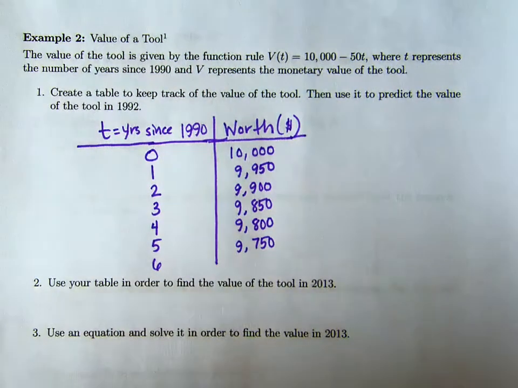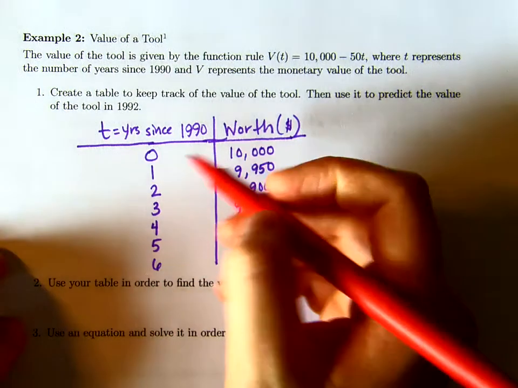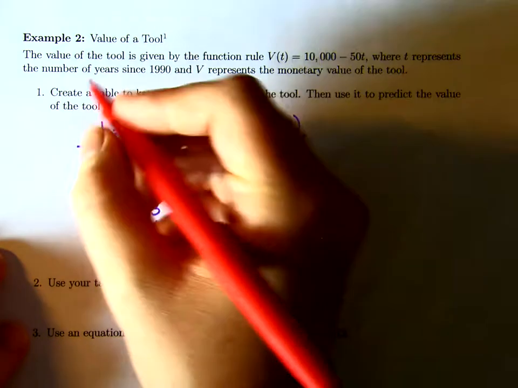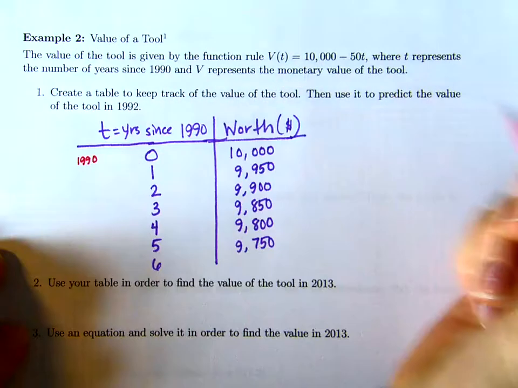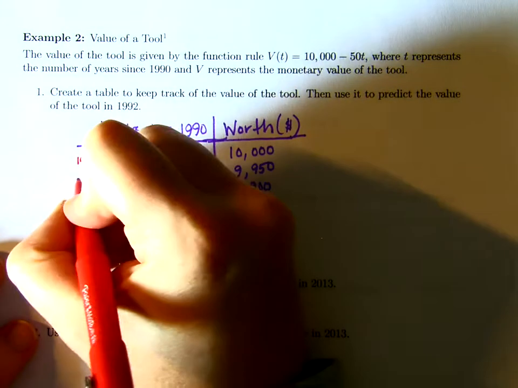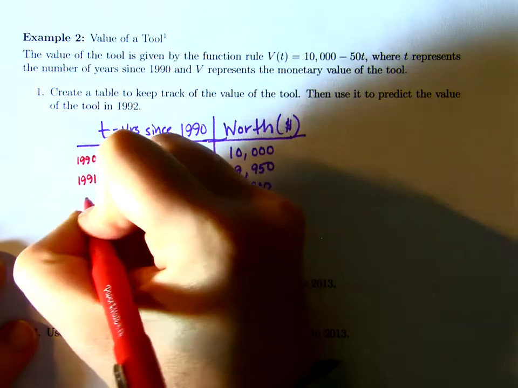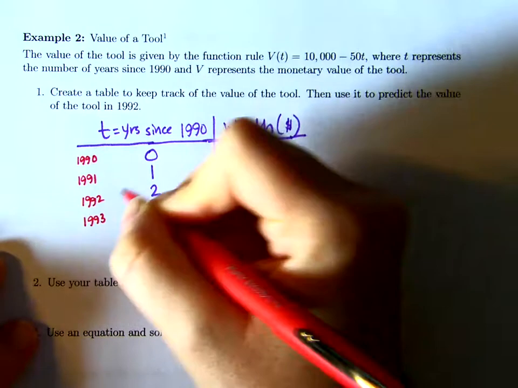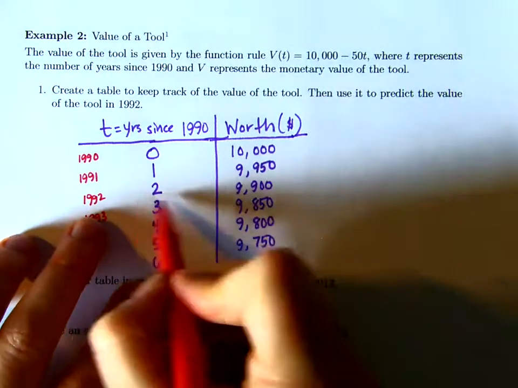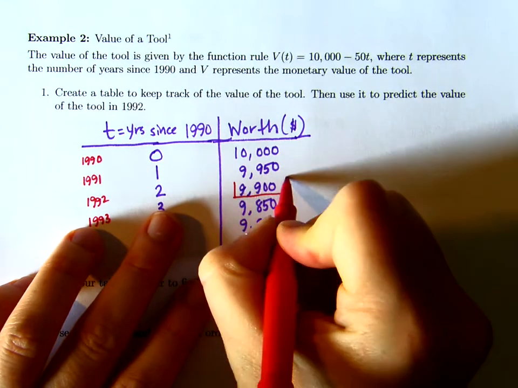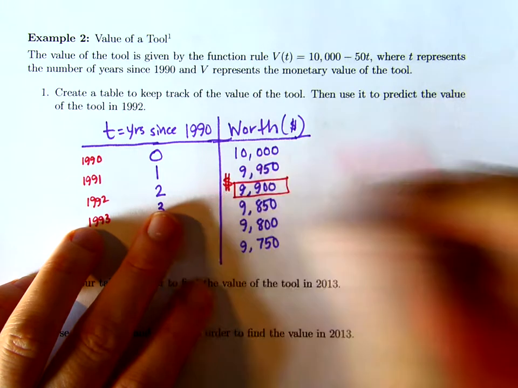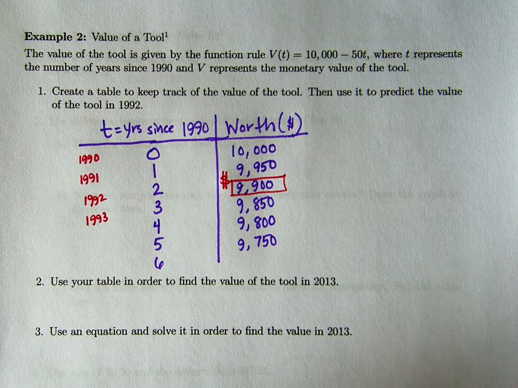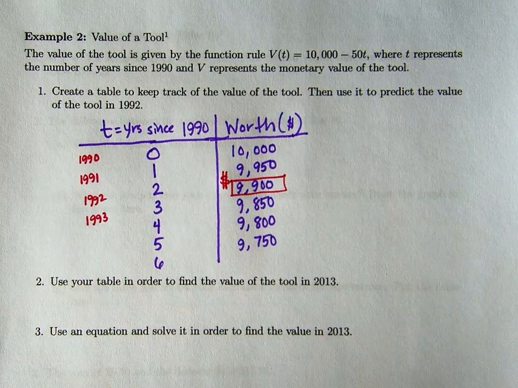Well, one thing that I usually like to do is just keep track of this. So if it's 0 years since 1990, then this 0 represents the year 1990. This would be 1991, 1992, 1993, etc. So it looks like the value of the tool is probably $9,900.